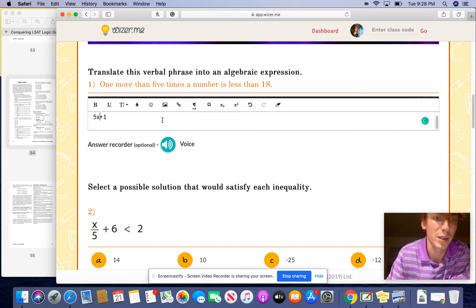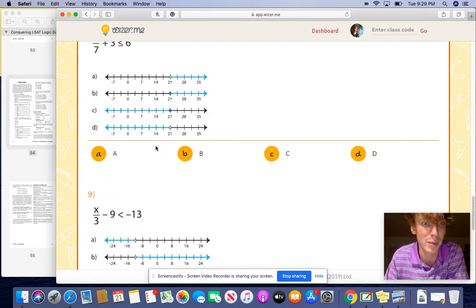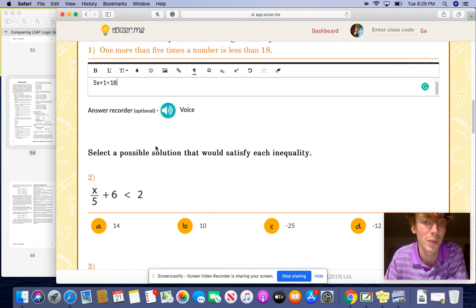In this case, we don't know what the number is, so it's x. So 5x plus 1 is less than 18. Okay. That's how you do that one. You can go ahead and have that as a freebie, okay? There's no other ones like that. That one was kind of hard. I don't know if y'all have done that yet, so there you go.